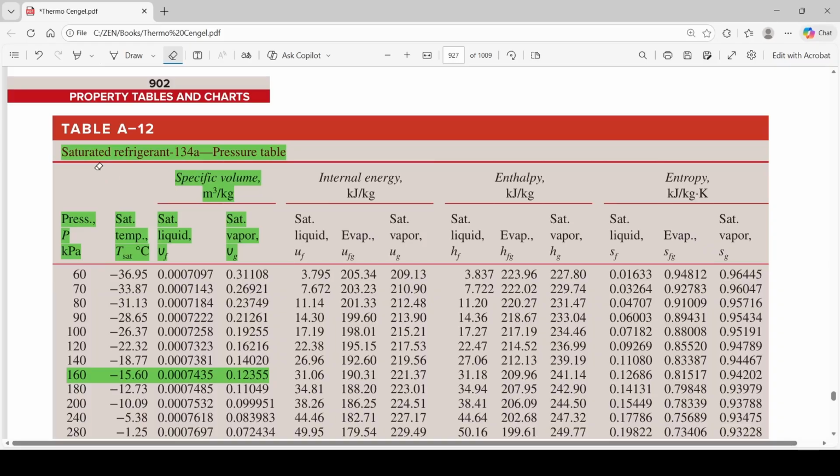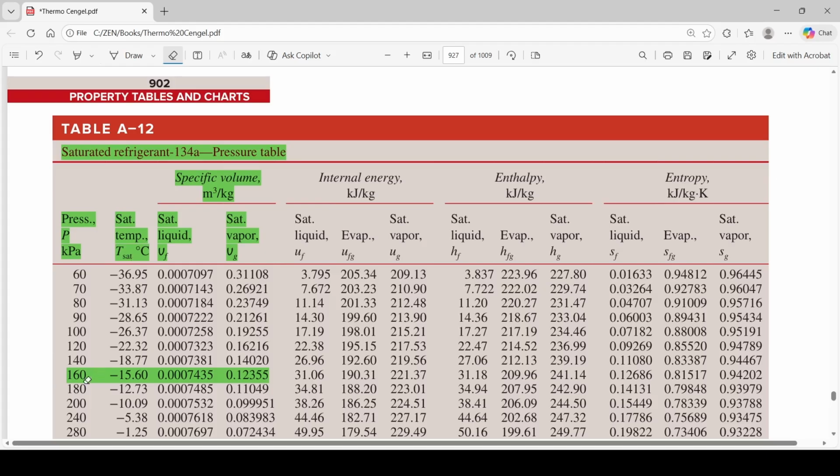So here we have the steam table for refrigerant R-134a, which is a pressure table because pressure is given to us. And here we have specific volume given in meter cube per kg. The specific volume of saturated liquid, here we have Vf. The specific volume of saturated vapor, we have Vg here. And here is the pressure table. So pressure in kilopascal is given to us, and the corresponding saturation temperature is given here.